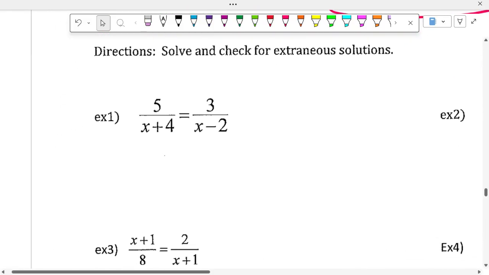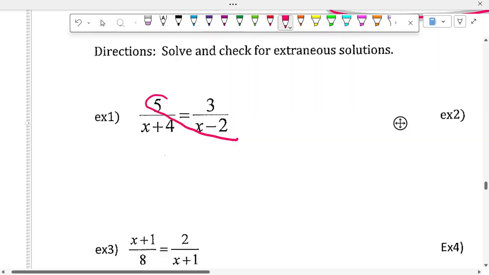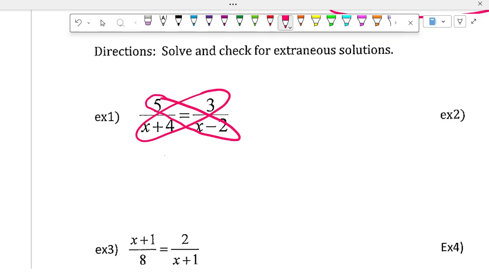So let's try some of these. So this first one, we start by cross multiplying. So I have 5 times x minus 2 is equal to 3 times x plus 4. So now we got a nice little linear equation. What's my first step to solve? So we cross multiplied, so how do I solve this equation?